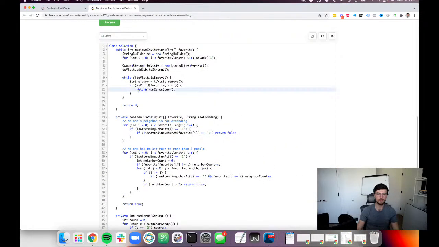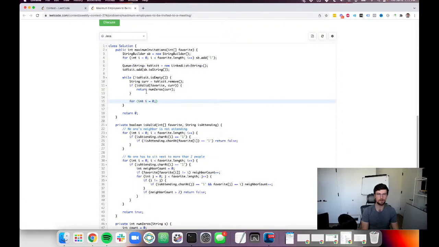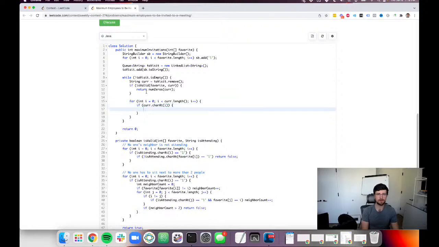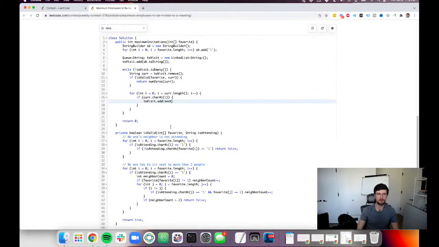So now we're going to iterate through everything. For int i equals 0, i less than the length, if it's not already 0, we can try setting it to 0. To do that, we would just do toVisit.add, what do I call it, replace with 0.